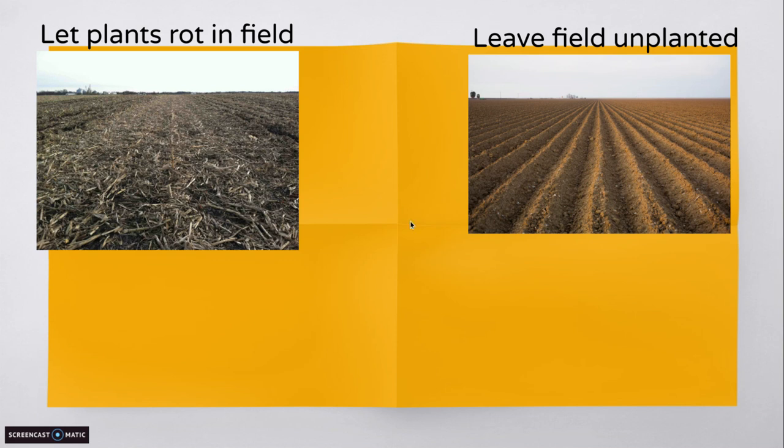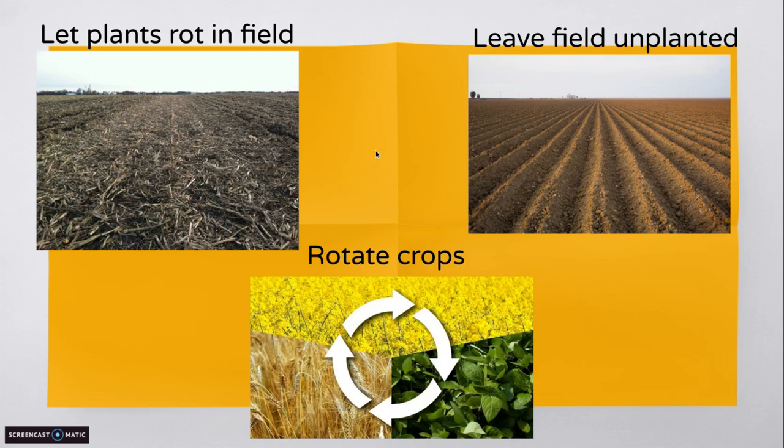And the final way that farmers can help mitigate this is by rotating their crops. So some crops are going to use more nutrients than others. So what they'll do is rotate crops that use a lot of nutrients with crops that don't use a lot, and that helps maintain the balance in the soil and its fertility.